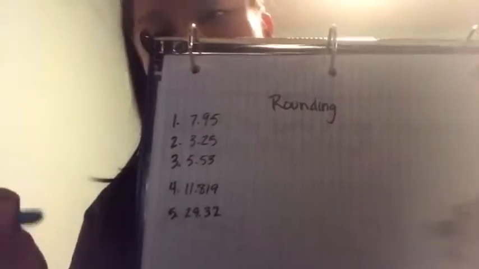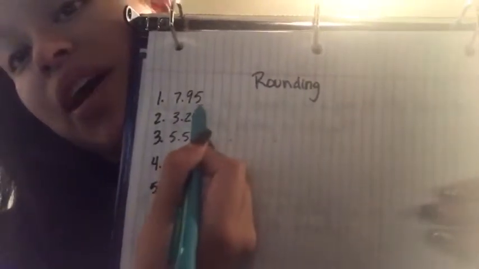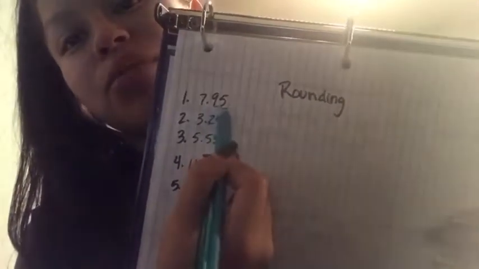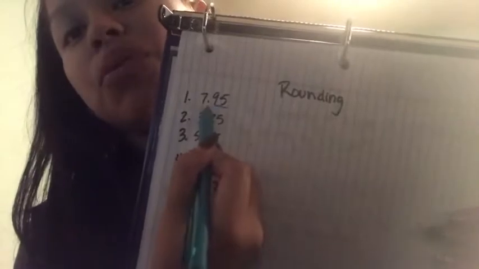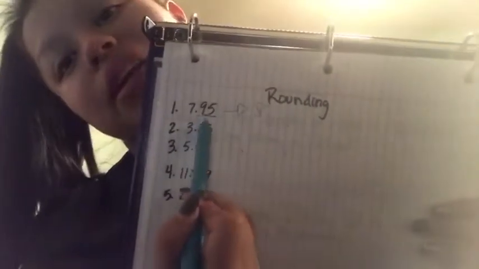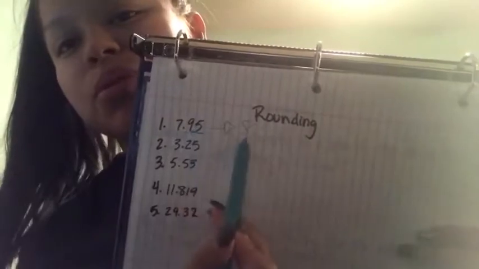For the first example, we have 7.95. The last number is a 5, so we'll have to round up, but since 9 is already the highest it can go, we would have to make that 8. If you round 9 up, it'll be 10, so you would put 7 plus 1, which is 8.